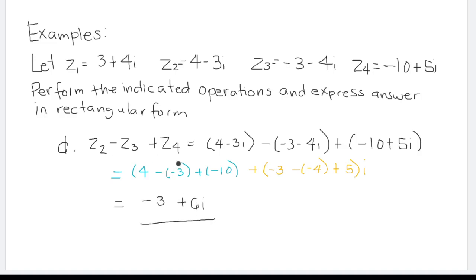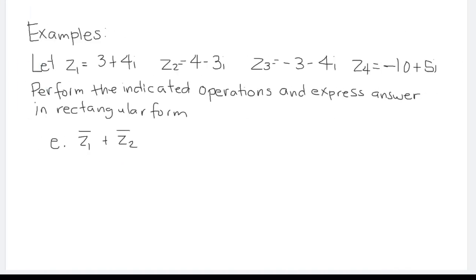We add these three numbers, C2 minus C3 plus C4. Next example, we have C1 conjugate plus C2 conjugate. So we have the conjugate of 3 plus 4i, plus the conjugate of 4 minus 3i. By definition, a conjugate is the opposite sign of the imaginary part.